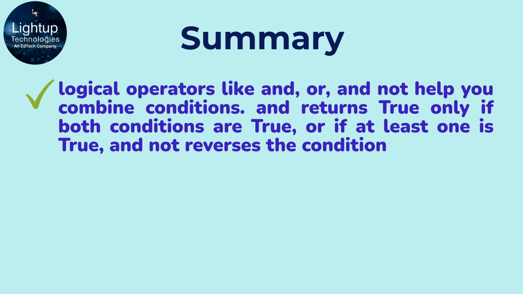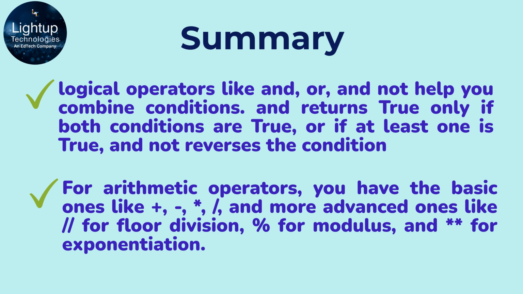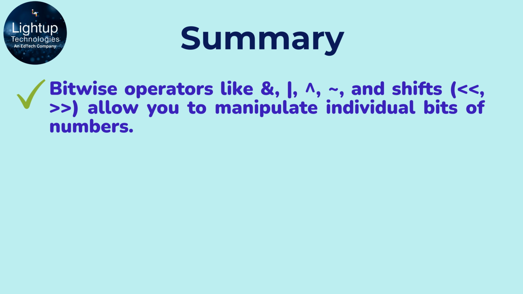Logical operators like and, or, and not help you combine conditions. And returns true only if both conditions are true, or if at least one is true, and not reverses the condition. For arithmetic operators, you have the basic ones like plus, minus, multiply, divide. Bitwise operators allow you to manipulate individual bits of numbers.